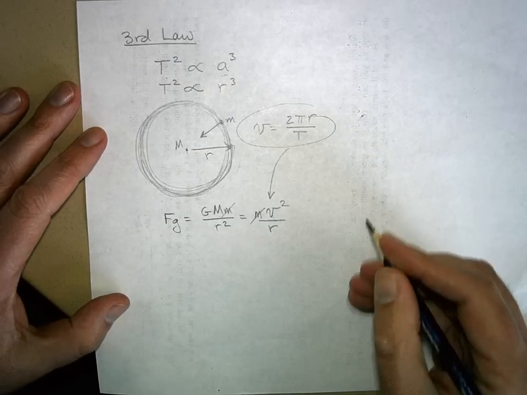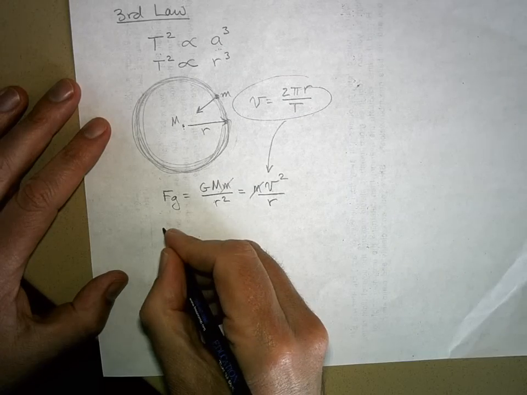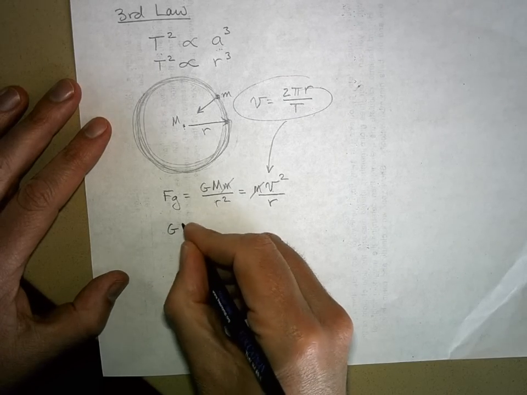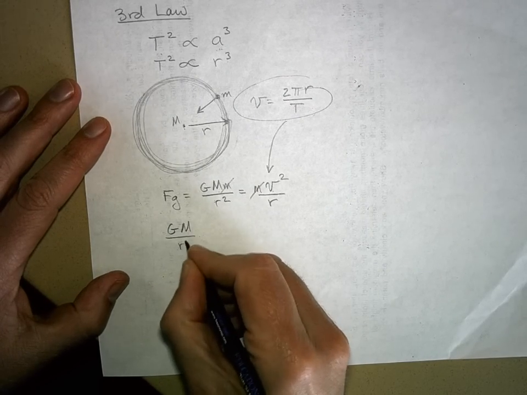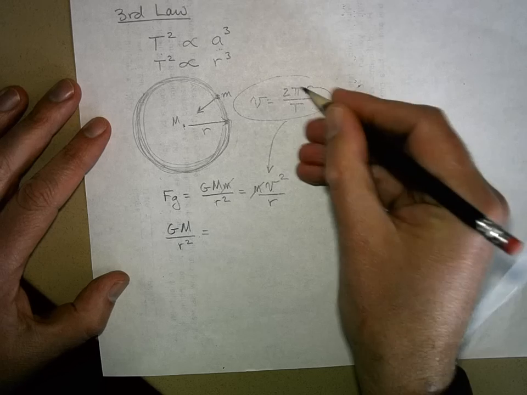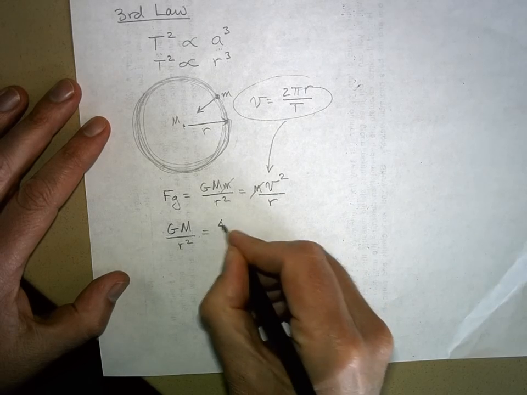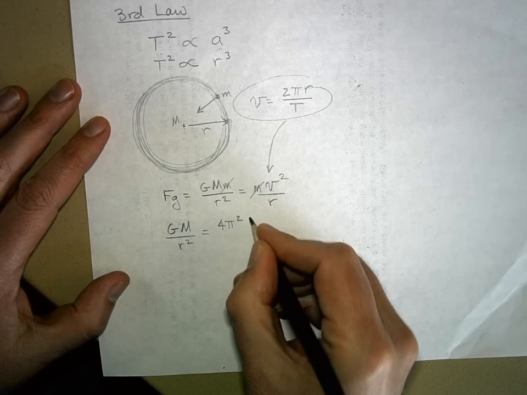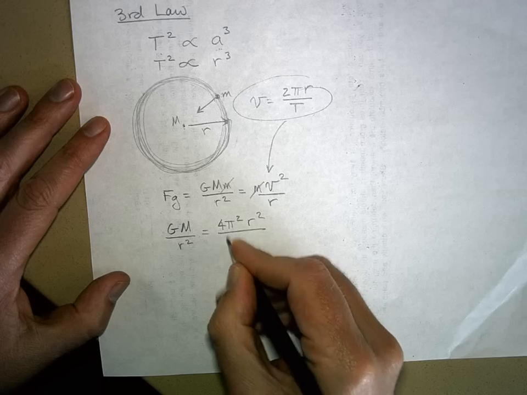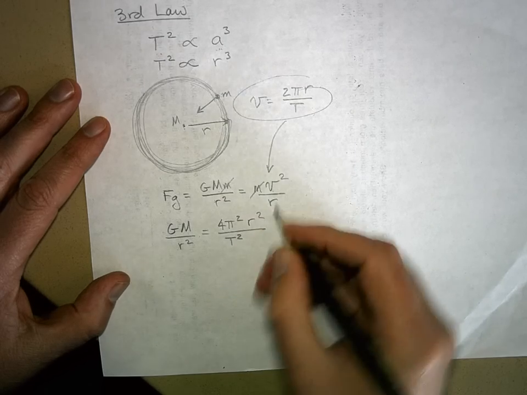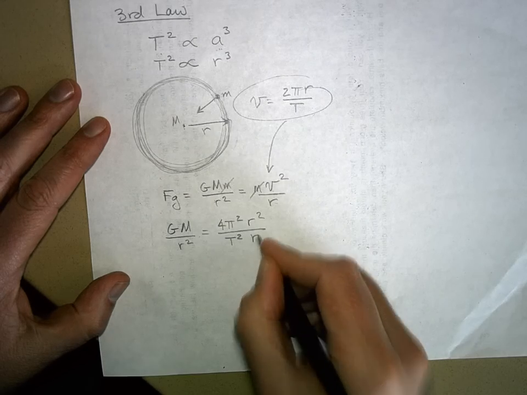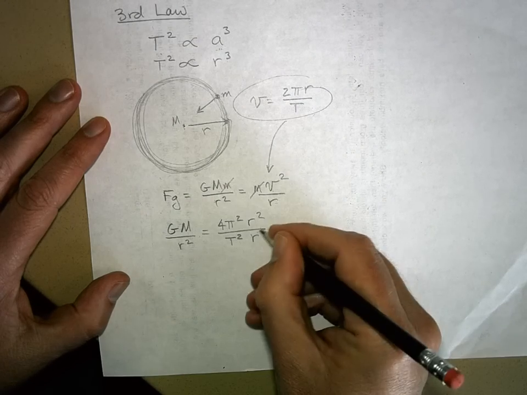So let's do that. We get G M over r squared is equal to this squared, which is 4 pi squared r squared over the period squared. And then, of course, we have this r right here, so this r will cancel with that.